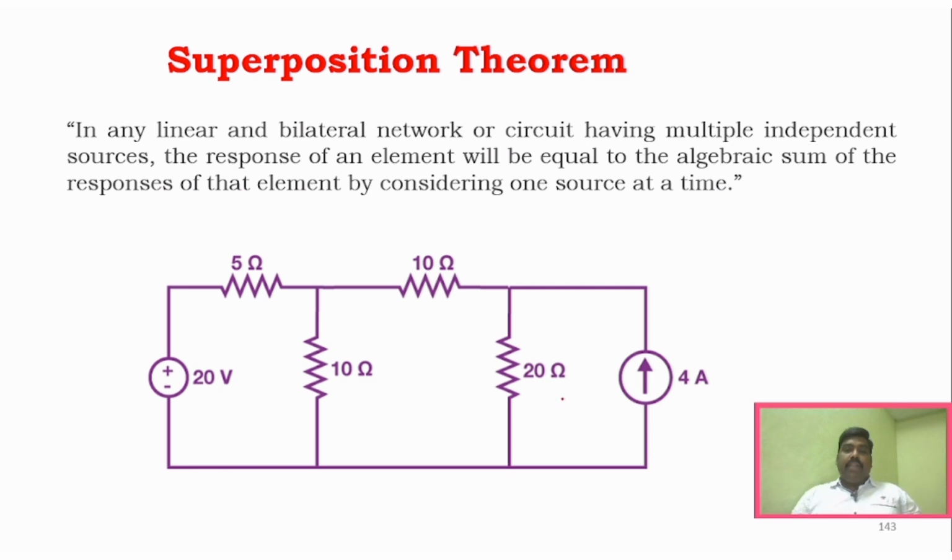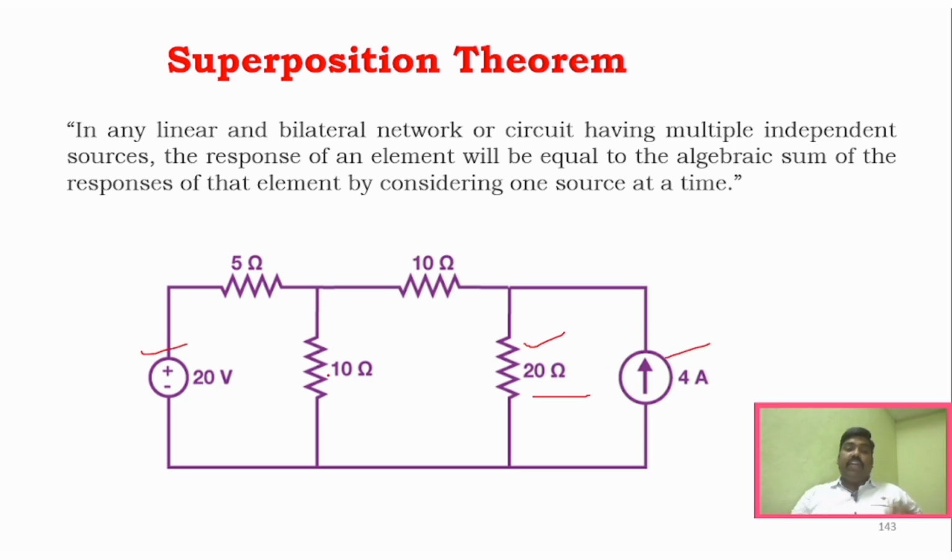For example, if you take this particular 20 ohm resistor as a load resistor, and you want to find the current across it, the response of this 20 ohm resistor will be equal to the algebraic sum of the effects of both these sources.